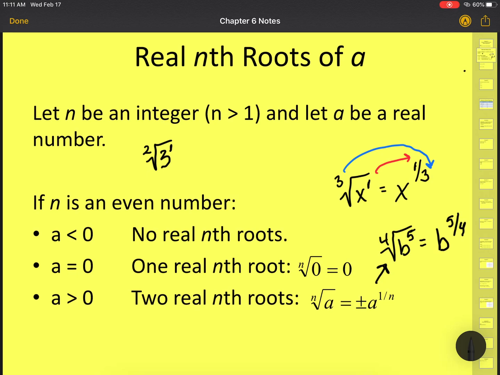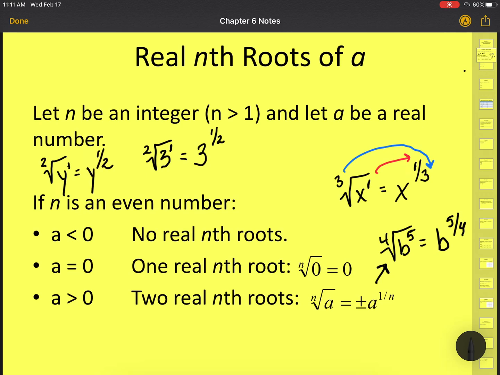So if you don't see any index on the outside of that root, assume it's a 2. And if I rewrite that, that's a base of 3 to the 1/2. Same thing if you just had a variable, like the square root of y. Well, I don't see any index on the outside, so I'm assuming it's 2, so y to the 1/2.